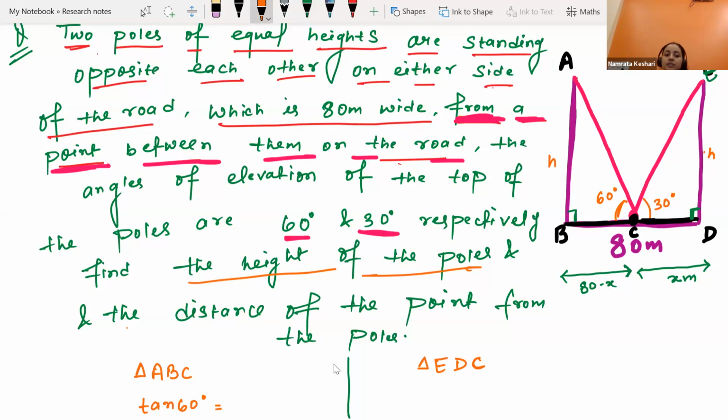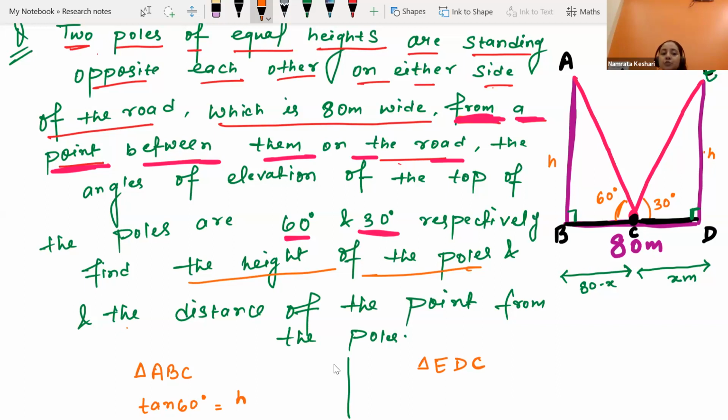What is the opposite side, or the perpendicular, according to this 60-degree angle? AB. Yes, AB. So H we can take as the opposite side, right?